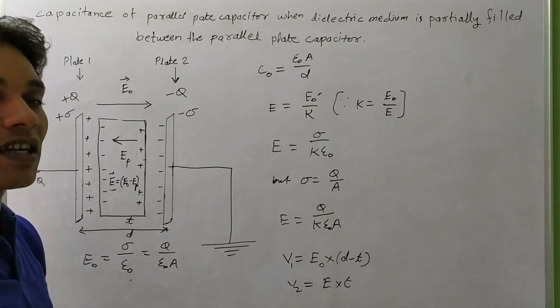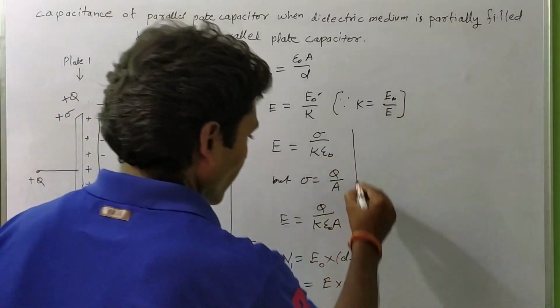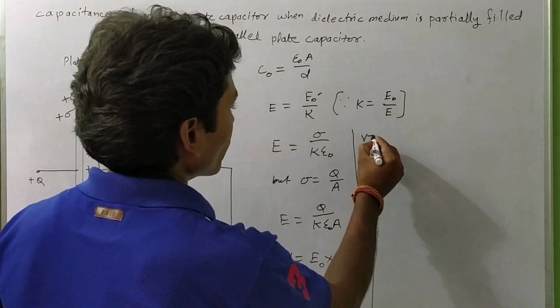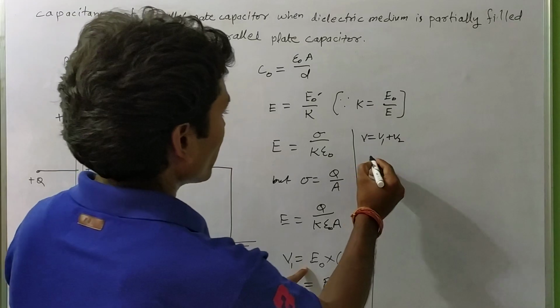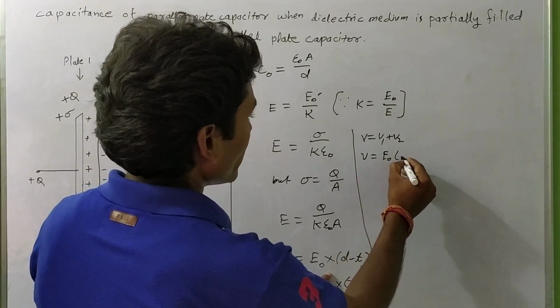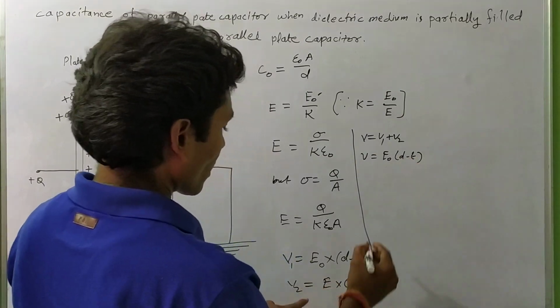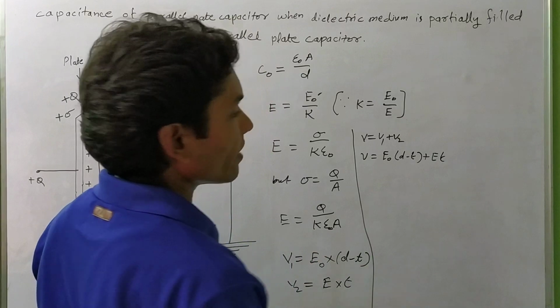Now what will be the net potential between plate first and plate second? It will be V equal to V1 plus V2. So V equals E naught into (d minus t) plus E into t.